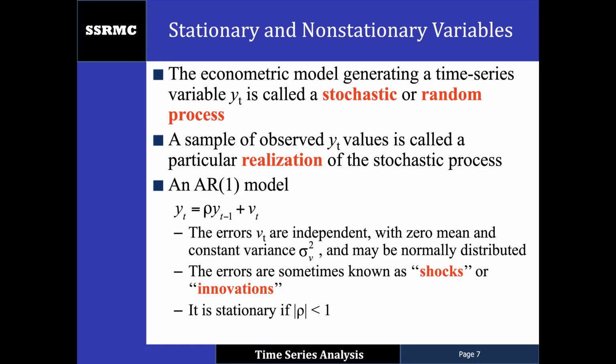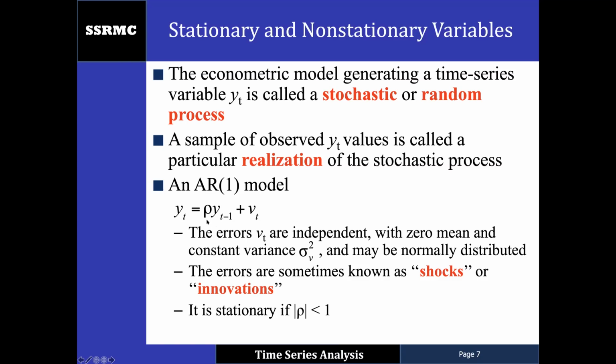And a sample of observed yt values, or a particular value of yt, is called a realization of this stochastic process. In other words, that's just a specific value of this equation. For example, if we have an AR(1) model, as I mentioned before, this equation is a stochastic process, a random process.